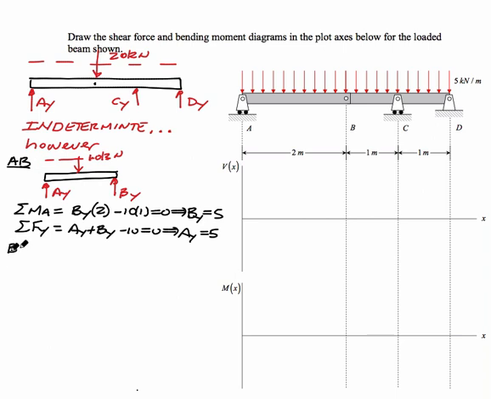For section BC, I draw a free body diagram. The forces acting on that: there's going to be a 10 kilonewton force in the middle due to the line load. Recall I put BY upward on member AB. On BD it's the opposite way, down. I've got a reaction force at CY and a reaction force at DY.